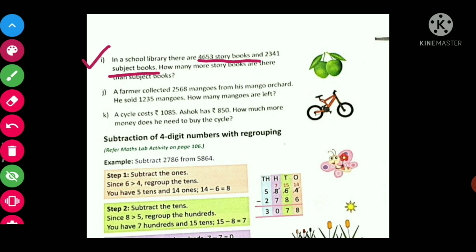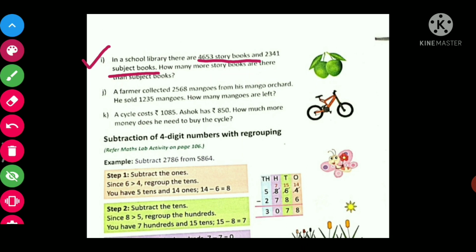So we know that in subtraction, if the question asks about the difference, right, we'll do what? Subtraction. So here it's asking about the difference. How many more storybooks are there than subject books? So here we will do subtraction.